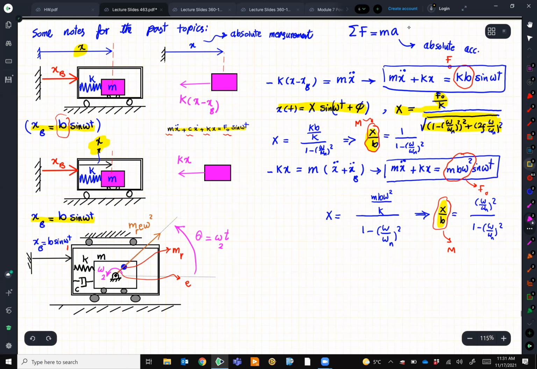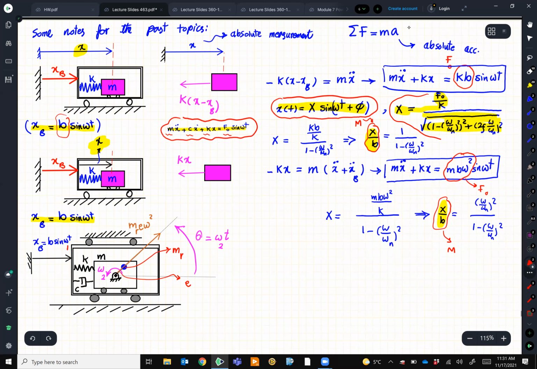Always go back to our original formula, that's safer, more reliable and better. We get to this formula and we know the steady state response, and the form for X. These are standard formulas. And we know the formula for phi, the phase.